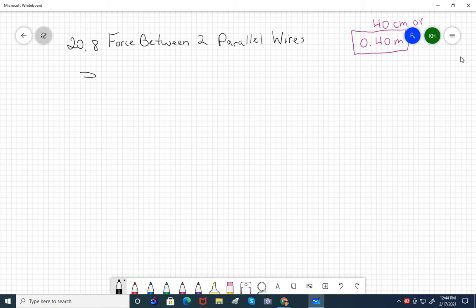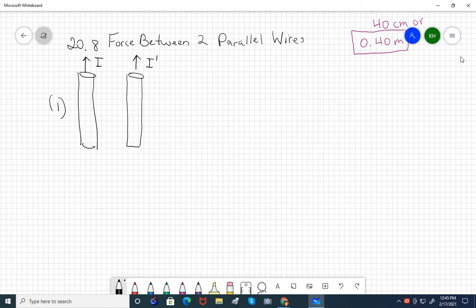If I have a wire here, call this wire 1, and it's got current flowing through it, I'm going to call that I. And I have a second wire, it's got another current, we're going to call that I prime. They're parallel. They're separated if we go center to center by some distance r.